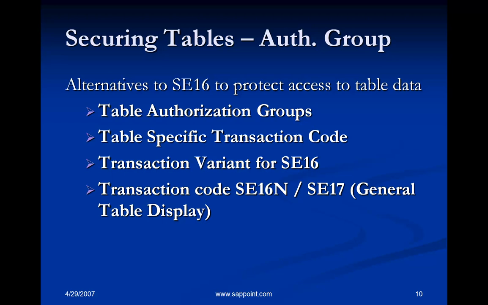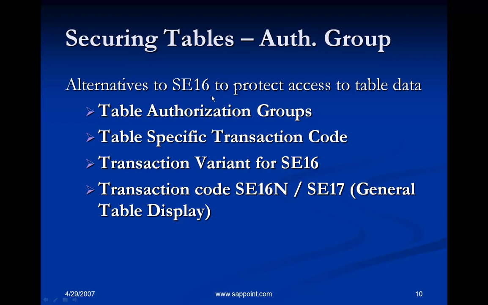Now, like in programs, SAP gives you the concept of authorization groups. Using authorization groups, you can protect what tables the users can see or view in this client or in the system. But the problem still here is you still have to give SA16.